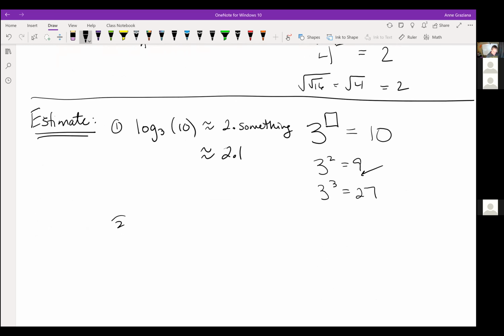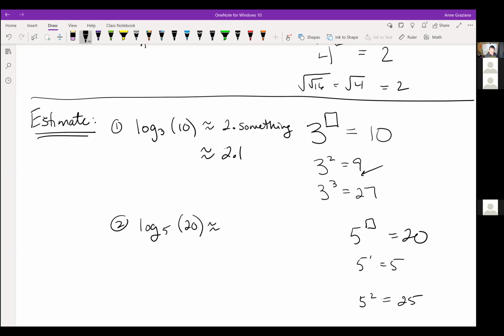How about this one? Log base 5 of 20 is about what? 5 to what power will give me 20? 5 to the first is 5. 5 squared is 25.